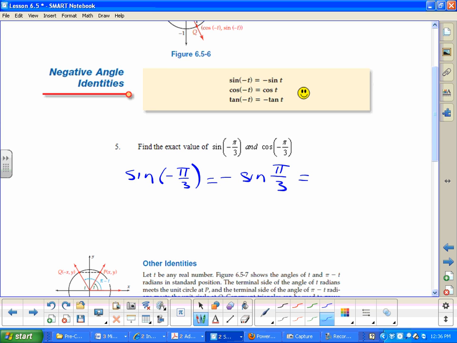Sine of pi over 3 is square root of 3 over 2, so it would be negative square root of 3 over 2. Cosine of a negative angle is just equal to positive cosine of that positive angle, which is 1/2.